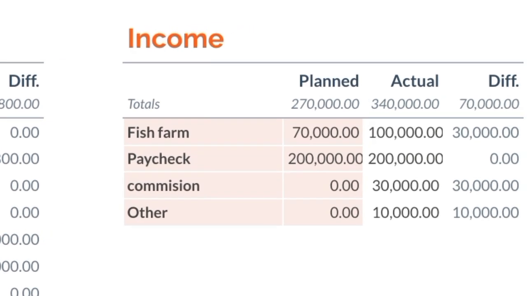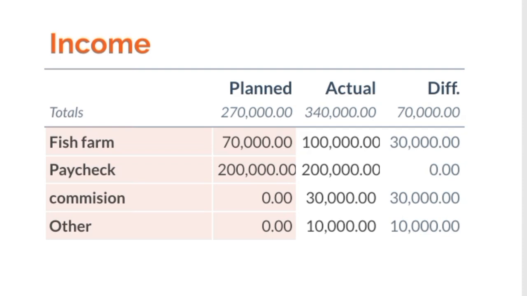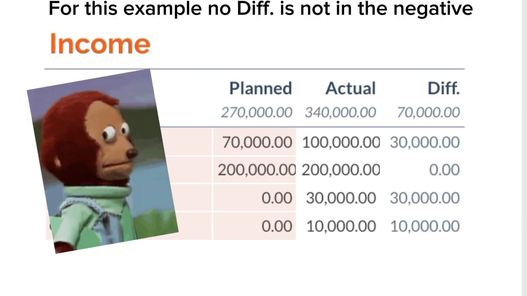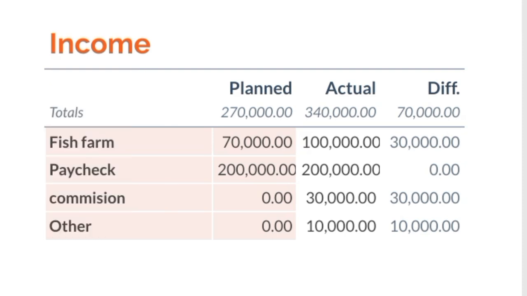So let's go to income. The difference here is that in expenses, if we spend more than we planned for, it's going to be on the negative side. But in income, if we gain more than we planned for, it's going to be on the positive side. So we planned 70k that we'll get from our fish farm, then we end up actualizing 100k in profit.